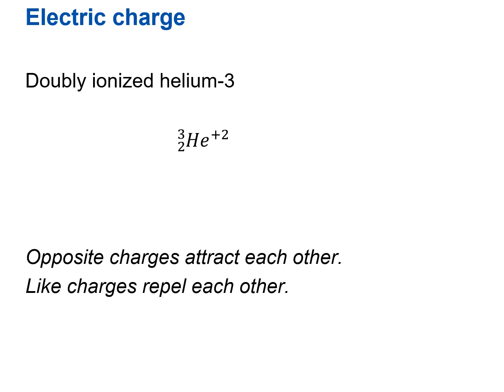Let's consider now a doubly ionized helium-3 atom. Doubly ionized means it's had its 2 electrons stripped away. And so it's got 2 protons, which means in its normal neutral state, it should have 2 electrons, but it's been doubly ionized. So 2 electrons have been stripped away.